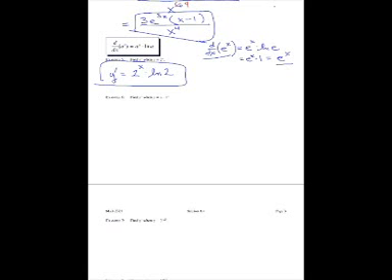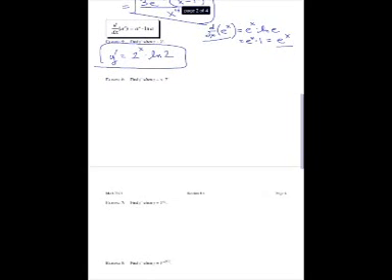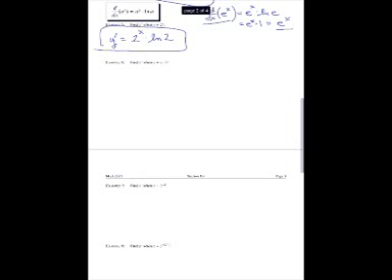Let's look at example 6. The function here is y equals x times 7 to the x. So again, I need to use the product rule. And this is going to be the derivative of the first one. So the derivative of x is 1 times 7 to the x power unchanged plus the derivative of 7 to the x, which would be 7 to the x times the natural log of 7.